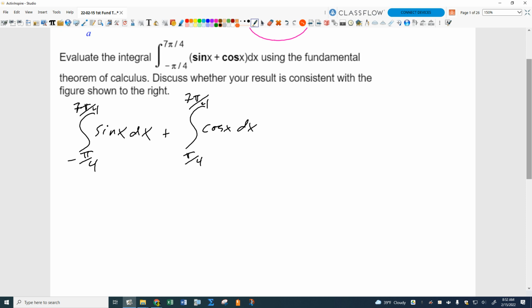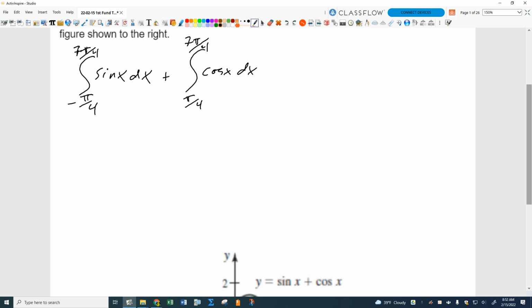Something like that, right? And then that's going to give us negative cosine x evaluated from negative pi fourths to 7 pi fourths. We could even do that.